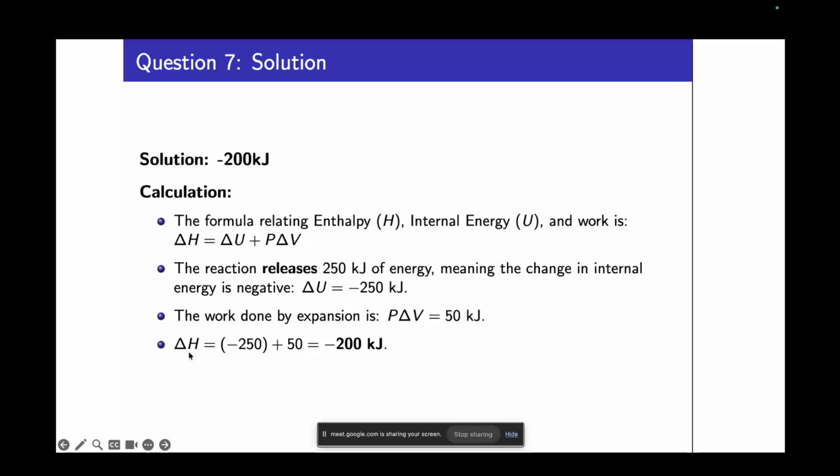So you're finding delta H, which is negative 250 plus 50, so that is negative 200. So when you're saying it is releasing energy, delta G or delta U or whatever energy difference you're talking about, it is going to be negative. The release of energy is always negative, right? So keep in mind the symbols, positive or negative.